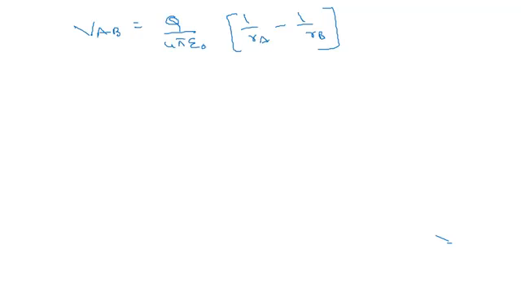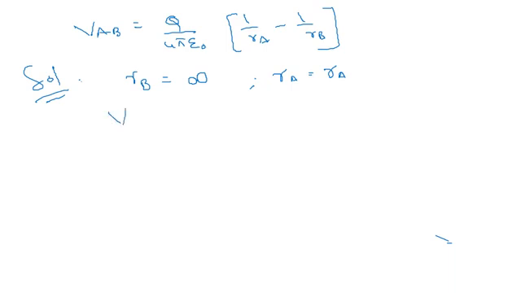Now when I am taking RB, the point B is at infinity, so the distance will also be infinity. It is located at an infinite distance, so RB will be infinite. Whereas RA I have not disturbed, so RA will be RA, because the point A is where the final distance is located, whereas the initial distance is at infinity.